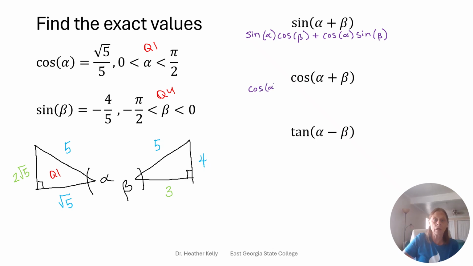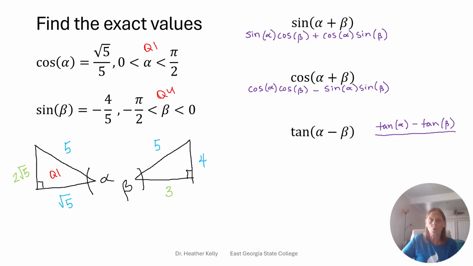So it's cosine alpha, cosine beta minus sine alpha, sine beta. And here with the tangent, I'm going to write it over here so I can use this space down here. The tangent is going to be tangent of alpha, subtraction, so minus tangent of beta over 1 plus the tangent of alpha, tangent of beta.